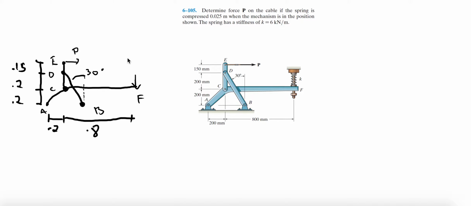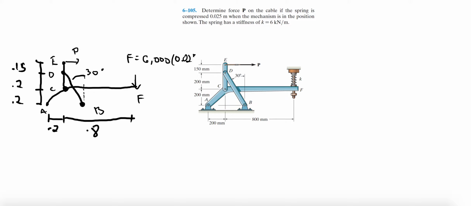And by how much? We get that F equals 6,000 if we convert it, times that delta X, how much the spring was compressed, 0.025.